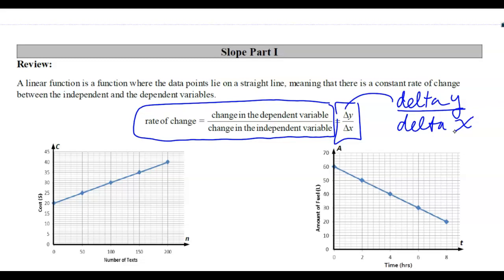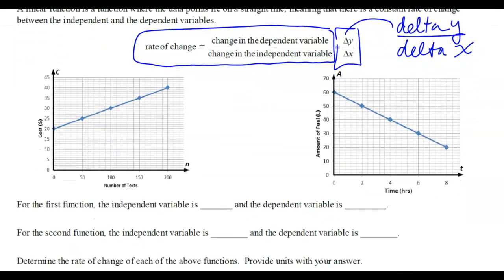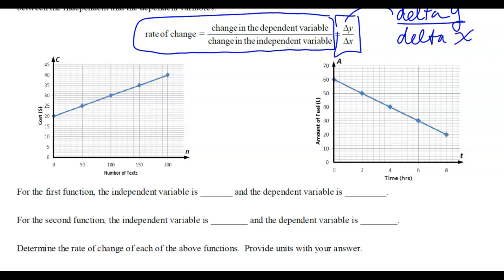Okay, so take a look at these two examples here. For the first function on the left, the independent variable, so always we look at the vertical. I mean, yes, it could be rotated differently, but you need to look at what depends on what. And usually we show that vertically. So the independent is the number of texts n, and dependent is the cost c.